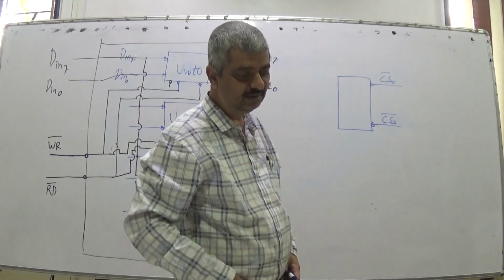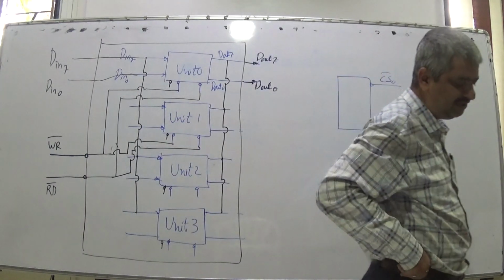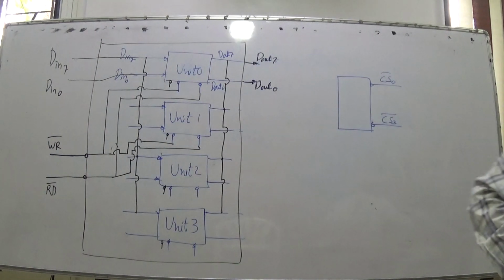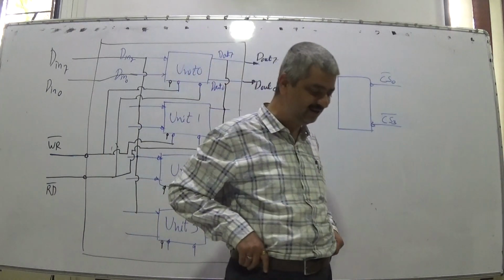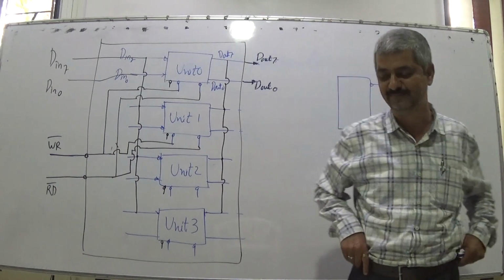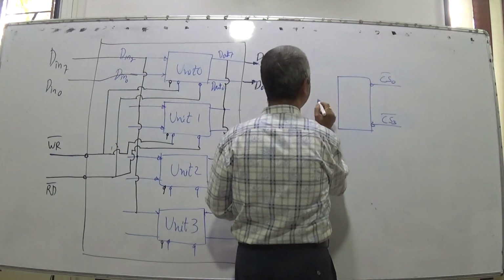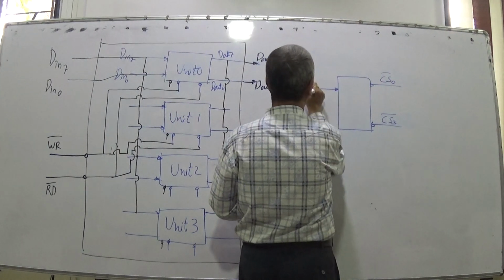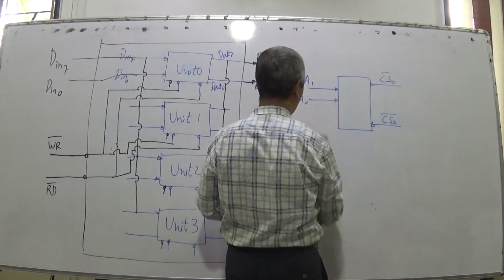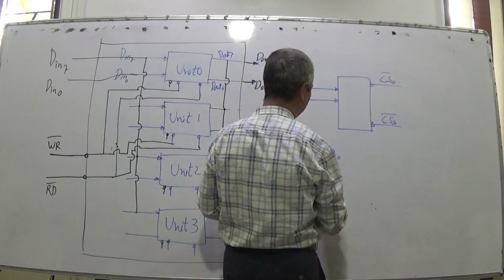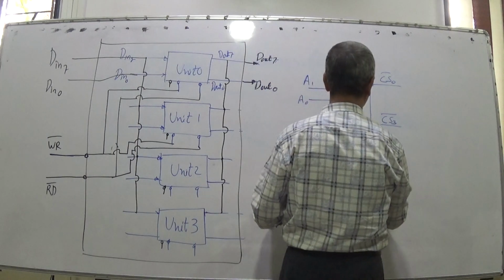So how many units are there? 4. So 4 units you can specify using 2 bits. 0, 0 unit 0; 0, 1 unit 1; 1, 0 unit 2; 1, 1 unit 3. These are called address lines, A1 and A0. So if A1, A0 is 0, 0, what is the situation?